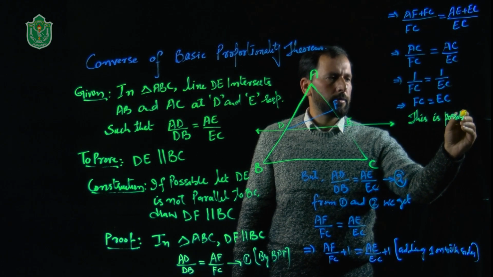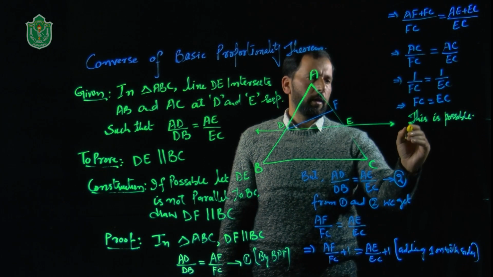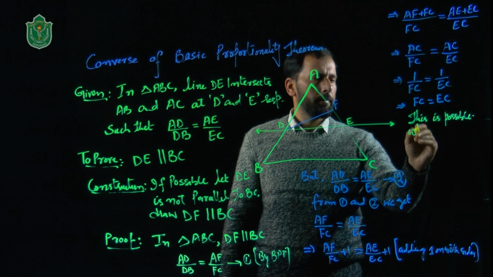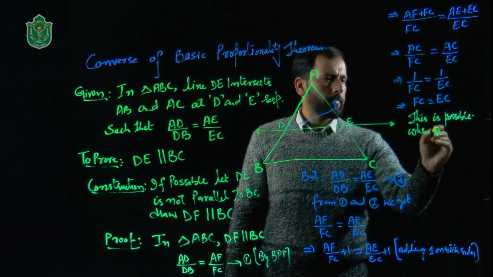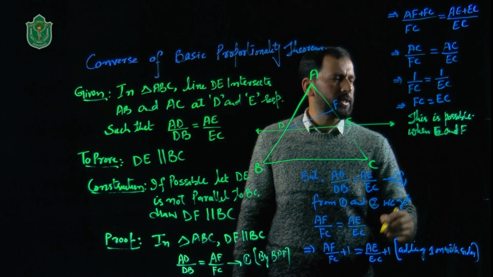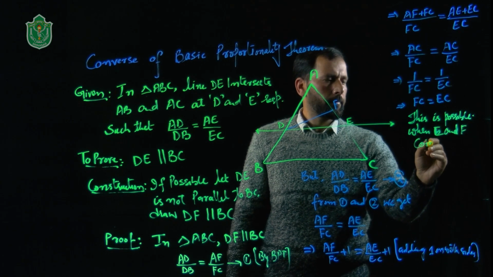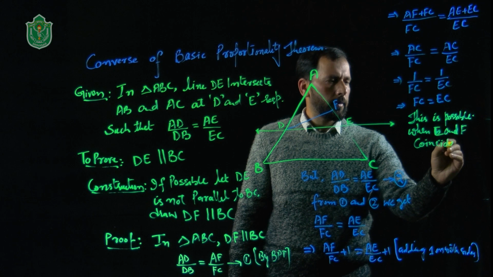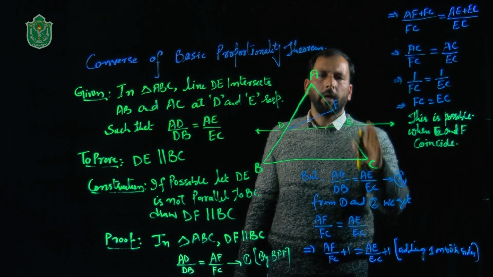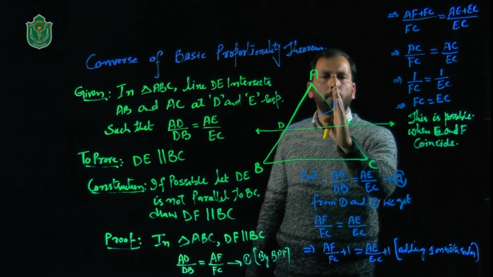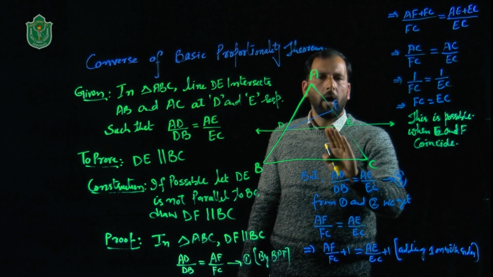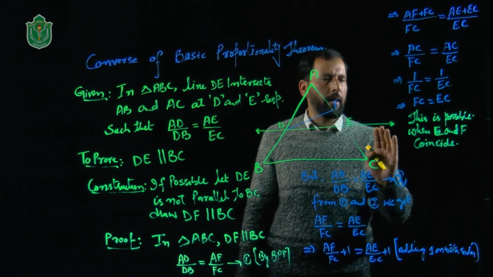This is possible when E and F coincide. So FC is not equal to EC, it is possible only when point F coincides with point E. It means F and E are not two distinct points but the same.